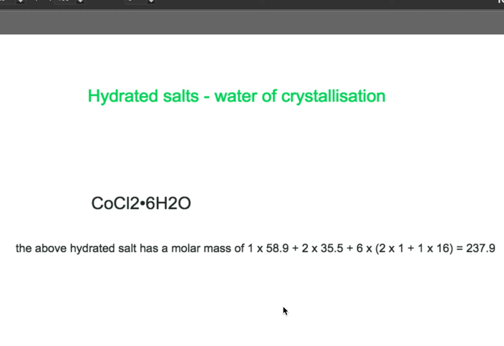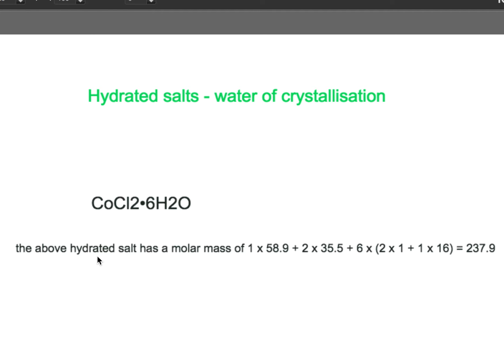Then you times it by the total mass before heating, so you will get the mass of water in this compound. And then if you want to know the mass of this compound after heating, you just do the original mass before heating minus the mass of water, because water is what they lost to evaporation after the heating, and then you get a number.